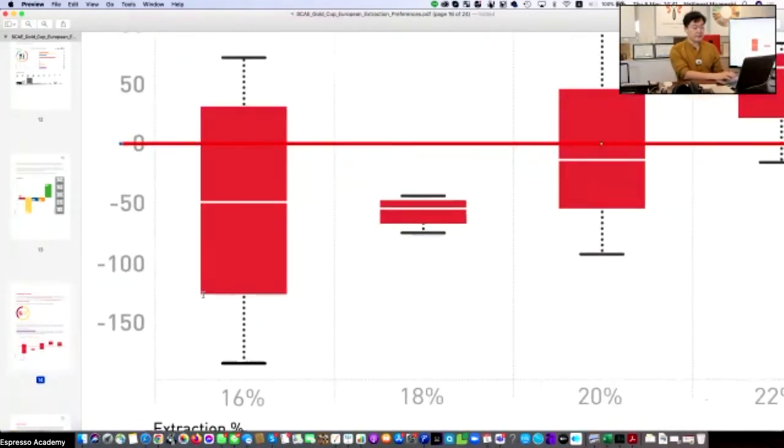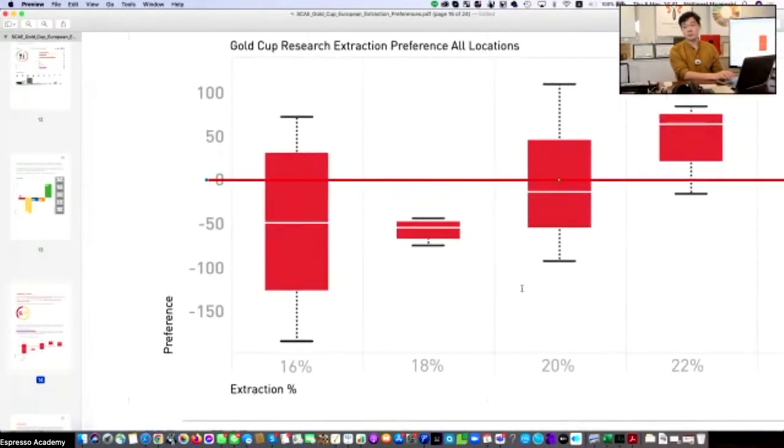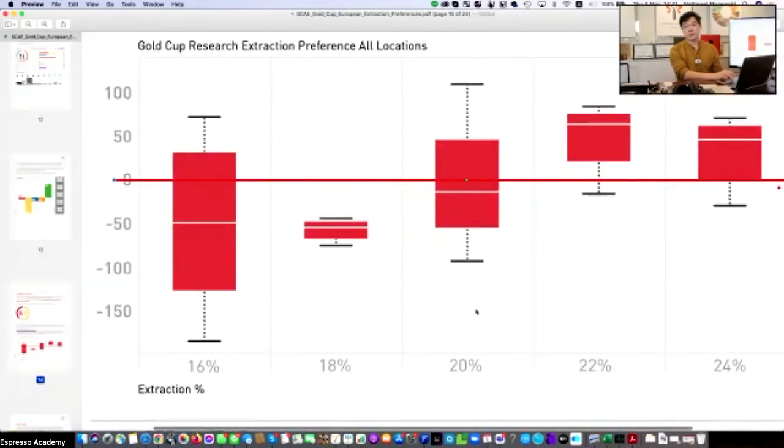If you do 16% extraction, there is a chance that people hate it. If you do 18% extraction, there are absolutely people who don't like it. But if you do 20% extraction with the coffee that they provide, some might like it, some might not like it. So this is a risk in your business if you try to produce coffee, okay?